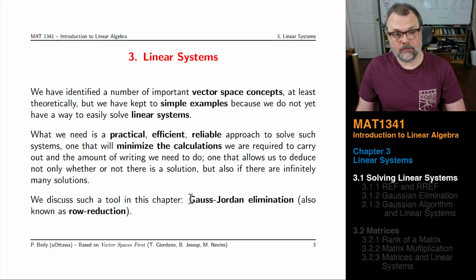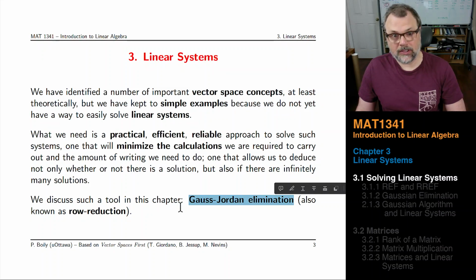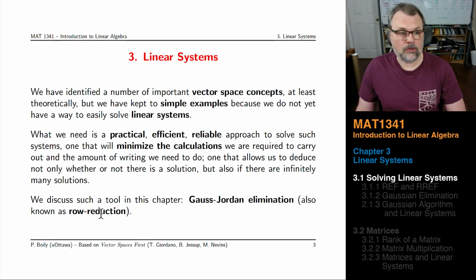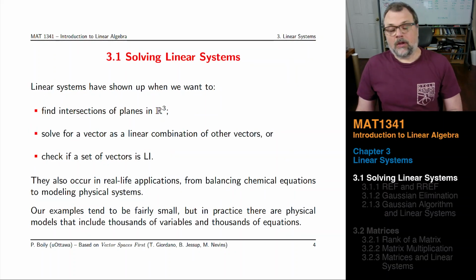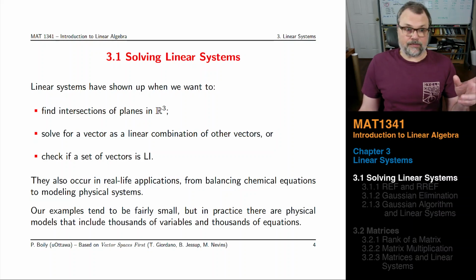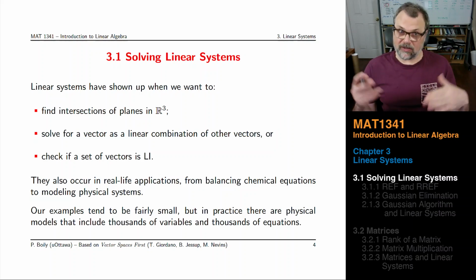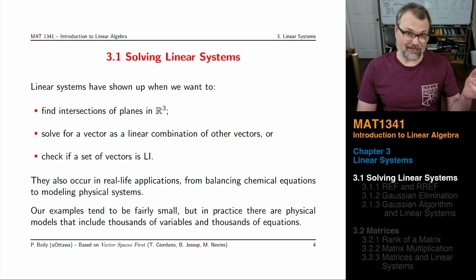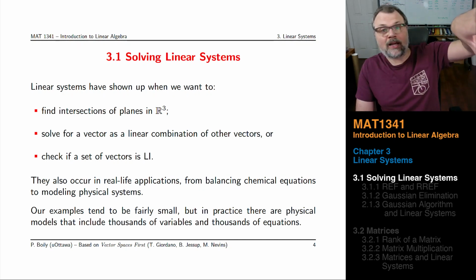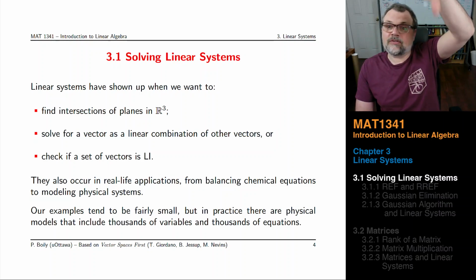I want to remind you, a very important thing here will be to understand Gauss-Jordan, Gaussian elimination, which we also call row reduction. We've encountered linear systems when we were looking for intersections of planes in R3, for instance, or if we were trying to solve for a vector as a linear combination of other vectors. If we want to say, is x, y a linear combination of these three vectors?